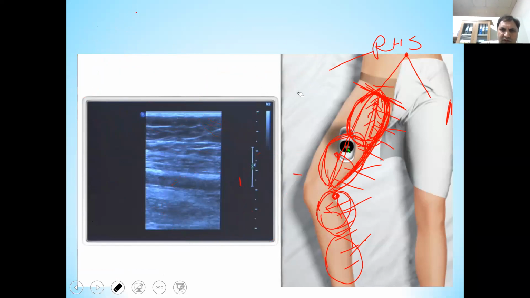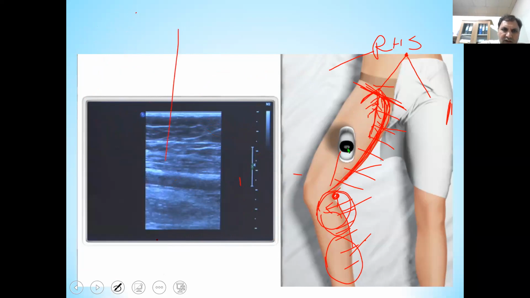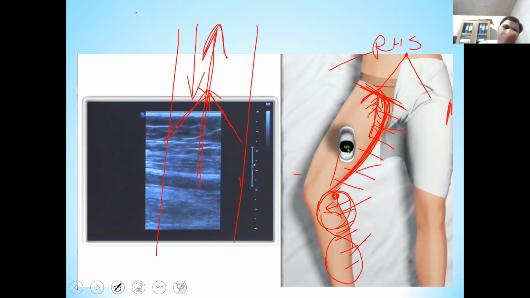Just imagine, here you can see this is a vein, and this is guarded by a bicuspid valve, and the cusps of the valve are directed towards the direction of the blood flow. So here, this is the direction of the blood flow. Now, this valve is preventing blood from moving backward, but permits blood to move forward.